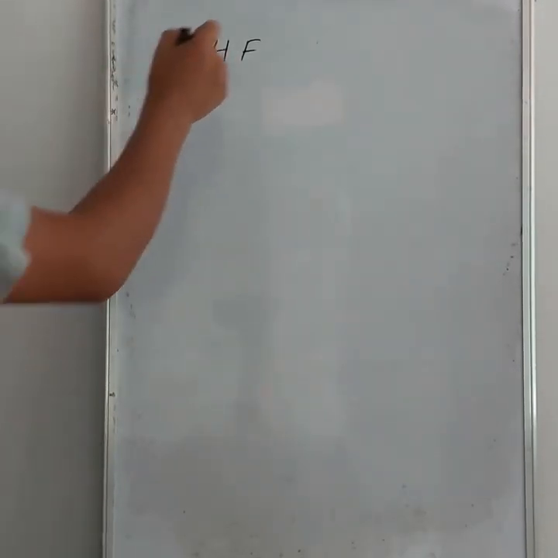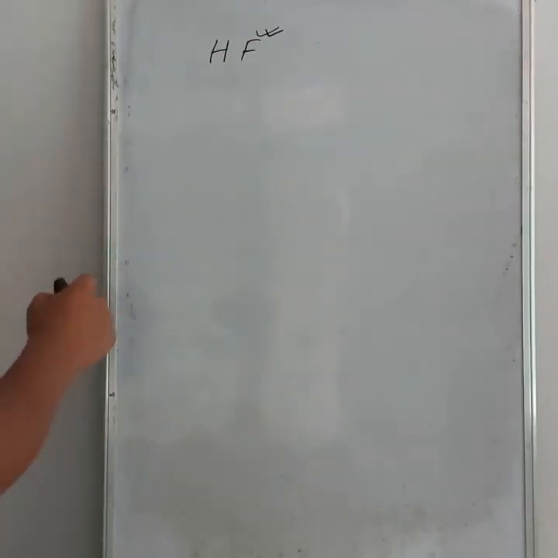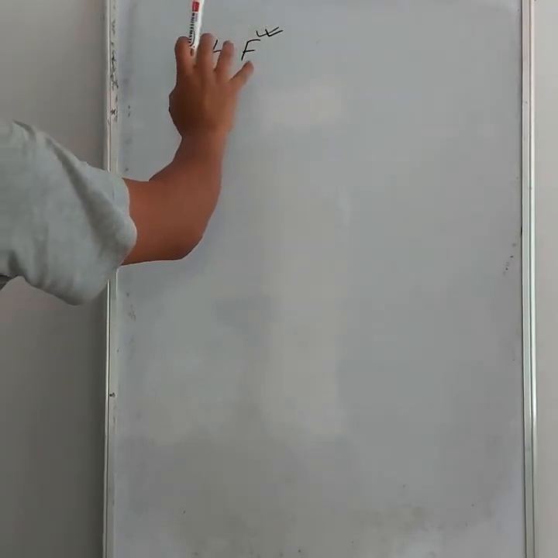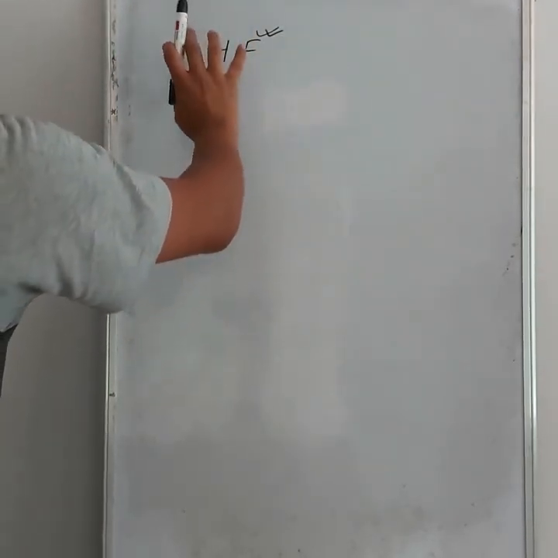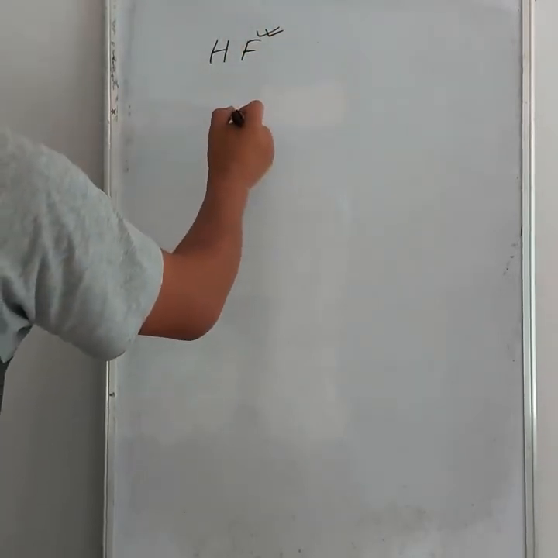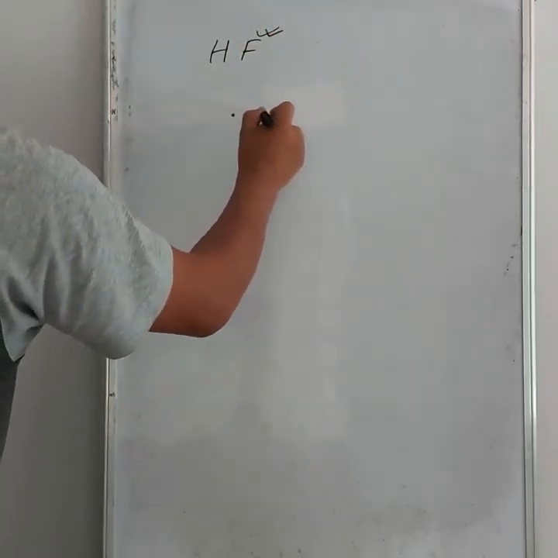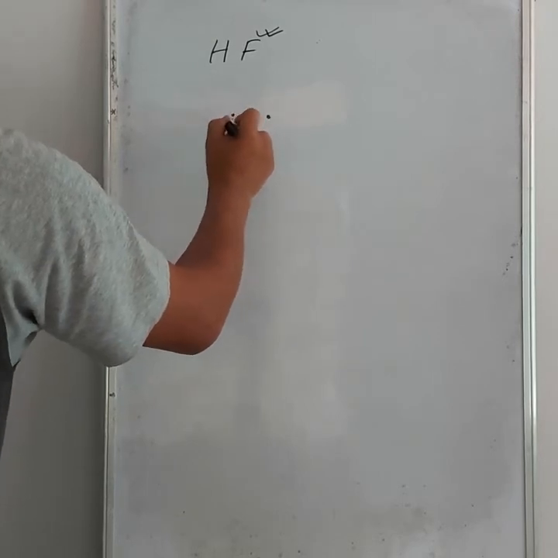But we know fluorine is a very electronegative element. So what it wants to do is pull all the electron clouds towards itself. Suppose these are the nuclei of hydrogen and fluorine.